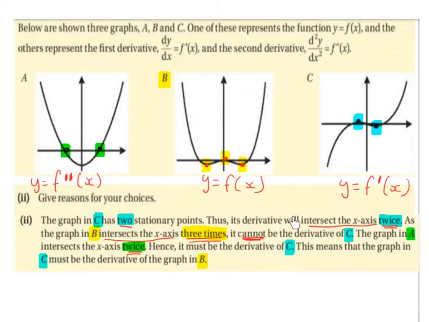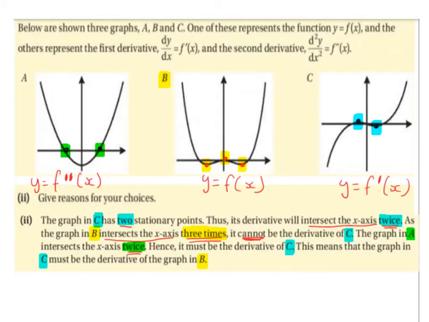Thus, its derivative will intersect the x-axis twice. So the derivative of this function will intersect the x-axis twice. As the graph of B intersects the x-axis 3 times, it cannot be the derivative of C. So it intersects here, here, and here.